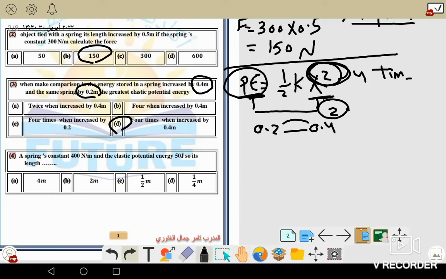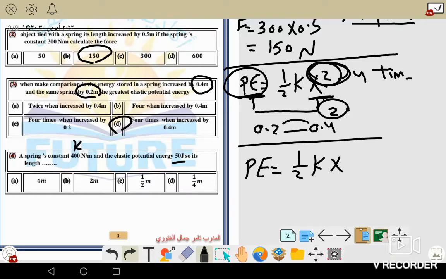A spring has constant K equal to 400 Newton per meter and the elastic potential energy is 50 joule. So its length, the same law: PE equals half kx squared. 50 equals half times 400 x squared.